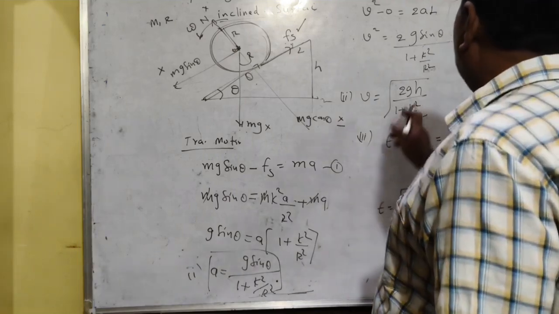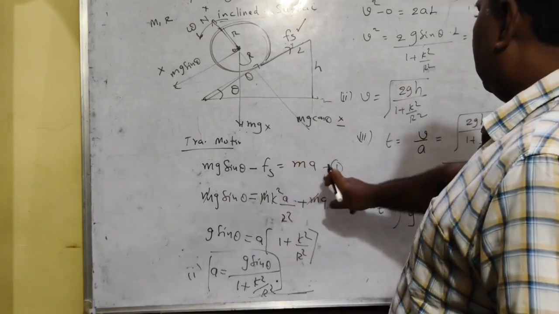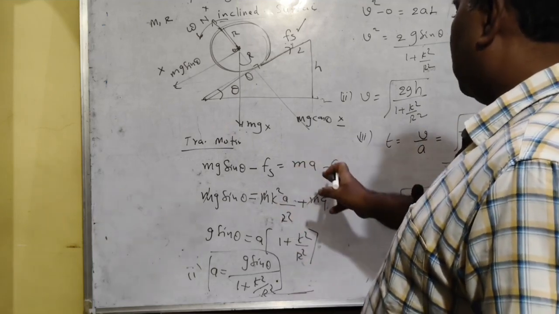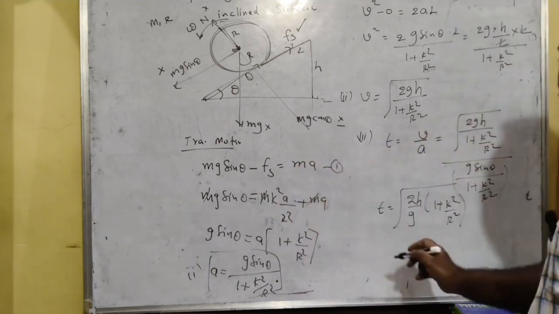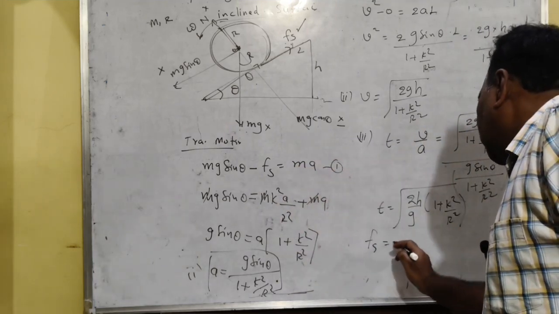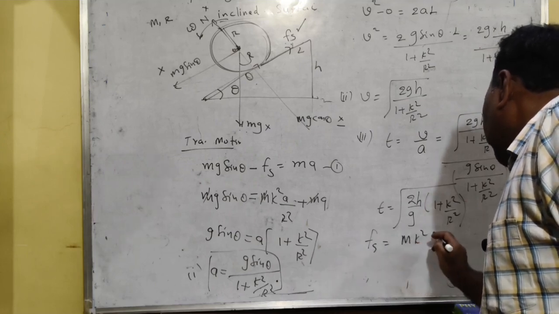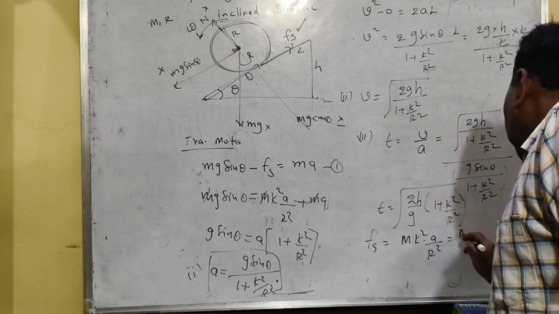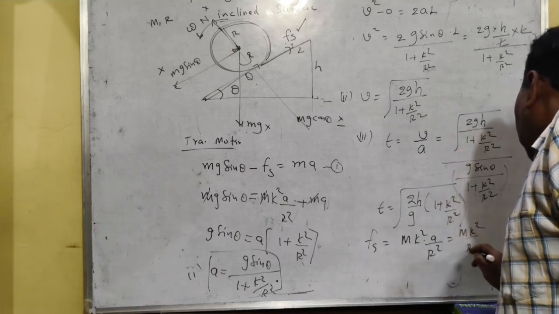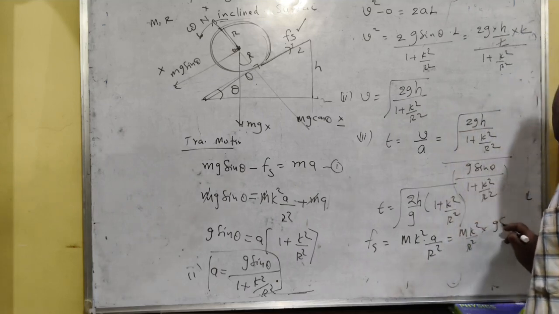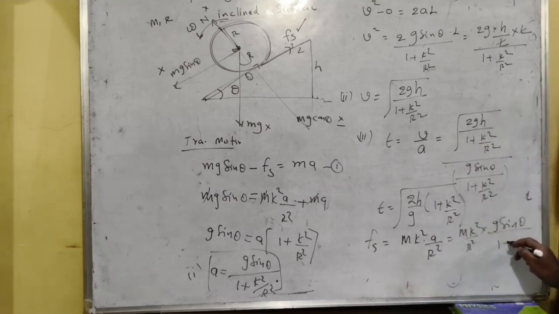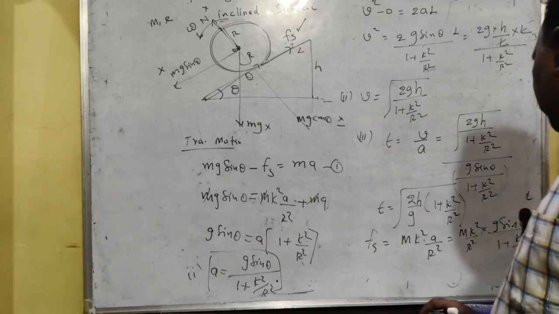Similarly, the coefficient of friction formula we also know here. I already eliminated: Fs into r is equal to m k square into a by r square, so Fs is equal to m k square by r square into g sin theta by 1 plus k square by r square. But what is Fs?